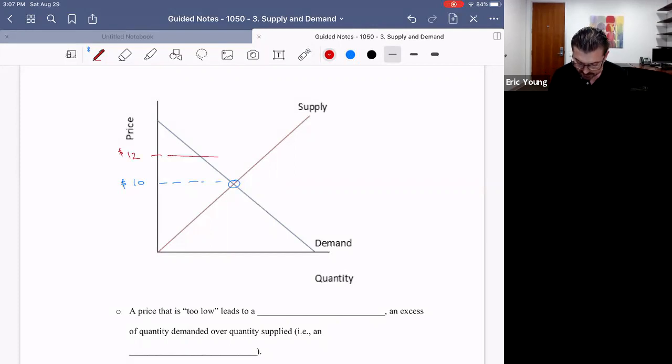Well, if we draw a line across here, we can see, and we would predict this because people respond to incentives, that at a high price, the quantity supplied is going to exceed the quantity demanded. That makes sense, right? Think about the law of supply, law of demand. Law of supply says high prices, there's an incentive to supply more.